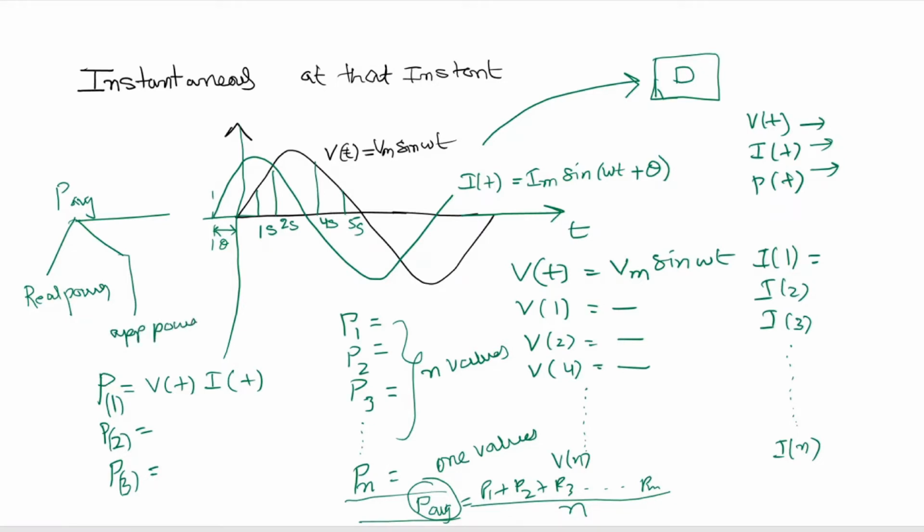And third one is reactive power. So we are dividing the power into three categories: real power, apparent power, and reactive power. We will see one by one what is real power, what is reactive power, and what is apparent power in this class.